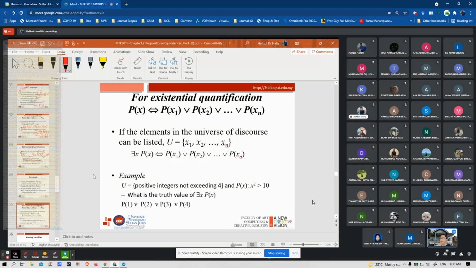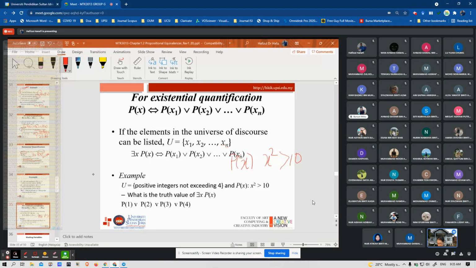If you have the positive numbers not exceeding 4, then we have P(x) with the statement x greater than 10.